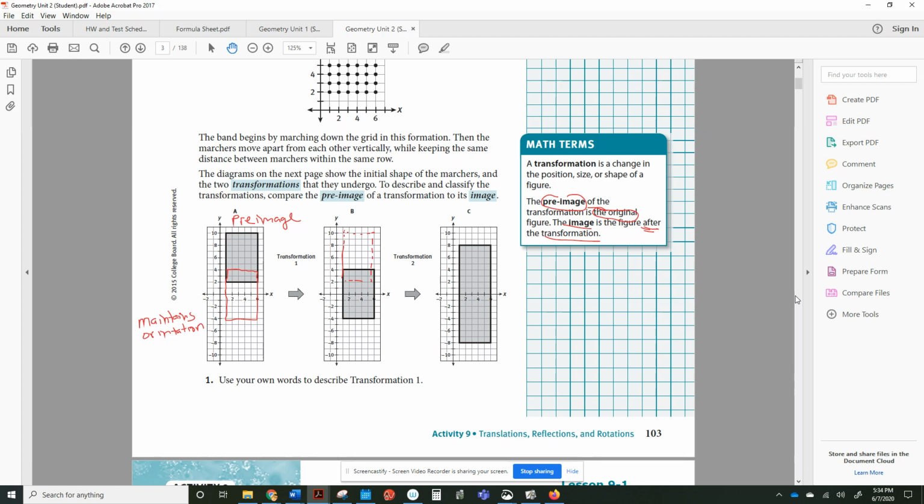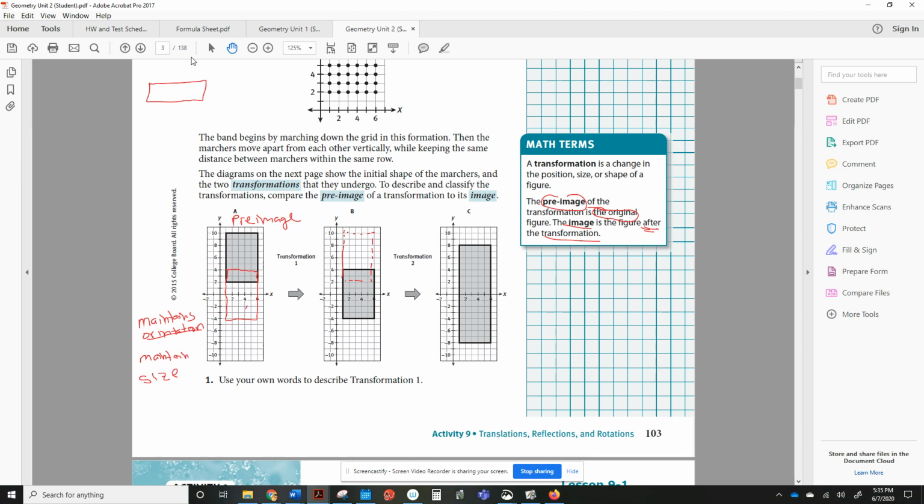This rectangle is oriented so that it's a tall rectangle rather than a wide rectangle. It's standing tall rather than laying wide. It's still a tall rectangle when we slide it down. So it maintains its orientation and it's also maintained its size.